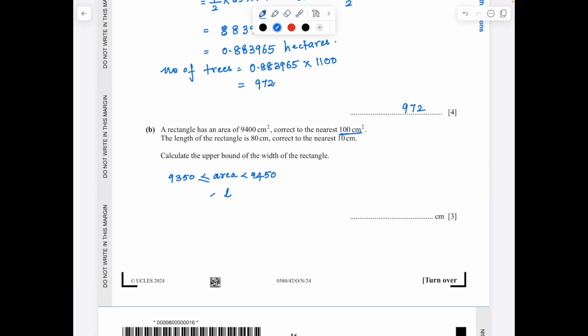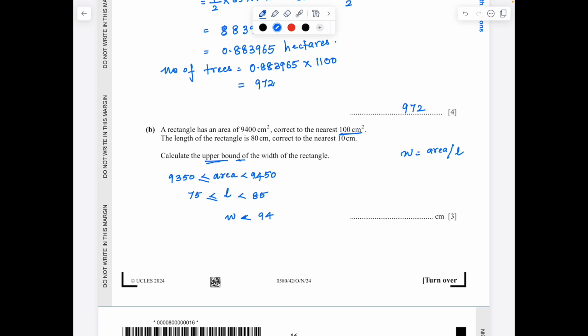So L, lower boundary is 75 and upper boundary is 85. Width of the rectangle is area divided by length. So let's focus on the upper bound.